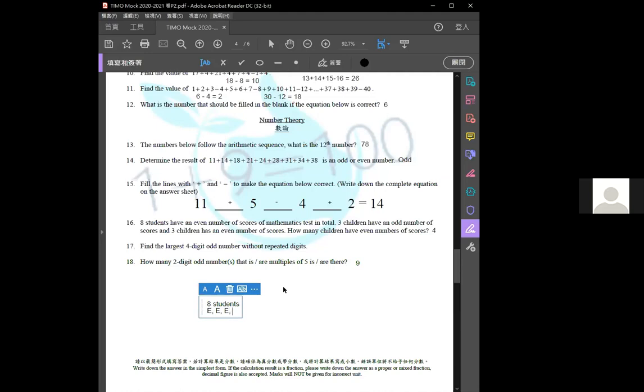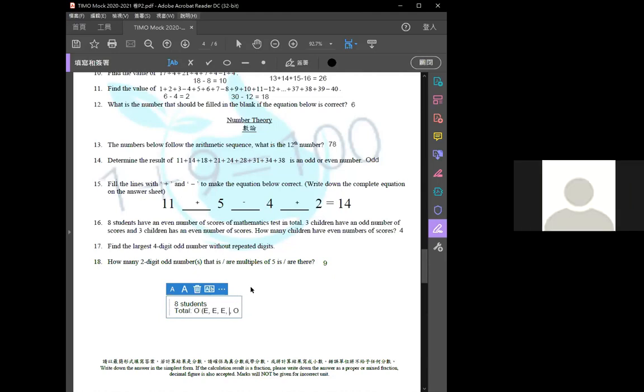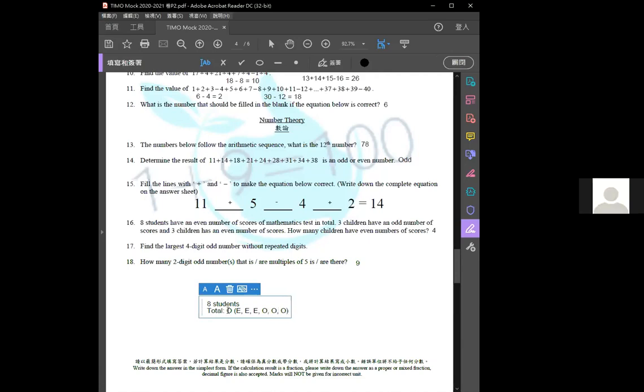And then we'll have O, O, O. But 2 O will become 1 E, right? When 2 odd numbers are added together, we get 1 E. So the total score right now, I will just write it here, will be odd. And then the total score we want or given is even.